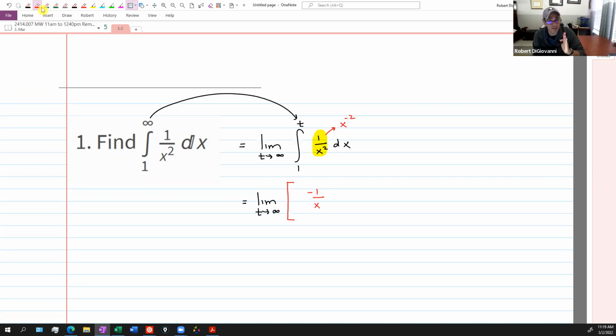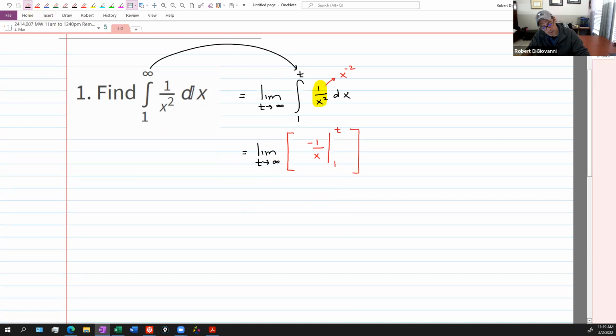Okay, so that's the antiderivative, right? And then we put the evaluation bar, and we put 1 on the bottom and t on the top, like that. That is the beginning of us using the fundamental theorem of calculus, right? We are just going to take the antiderivative of it and evaluate it at these two endpoints. This leads me to this limit t goes to infinity. And then now let's actually plug in. So remember, when I was doing the plugging in, what I was doing was 2 sets of parentheses with subtraction between them.